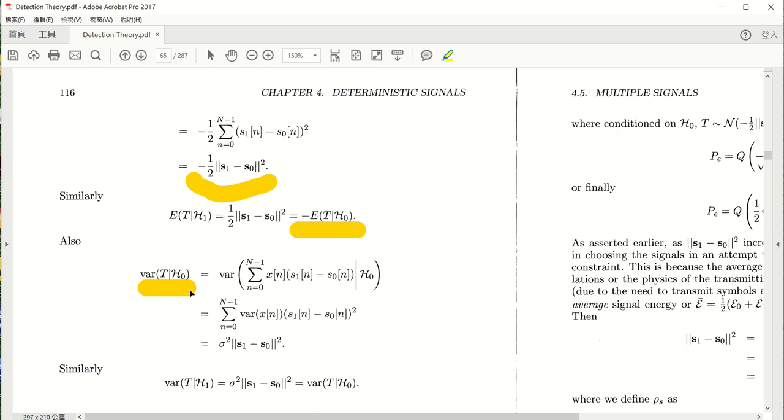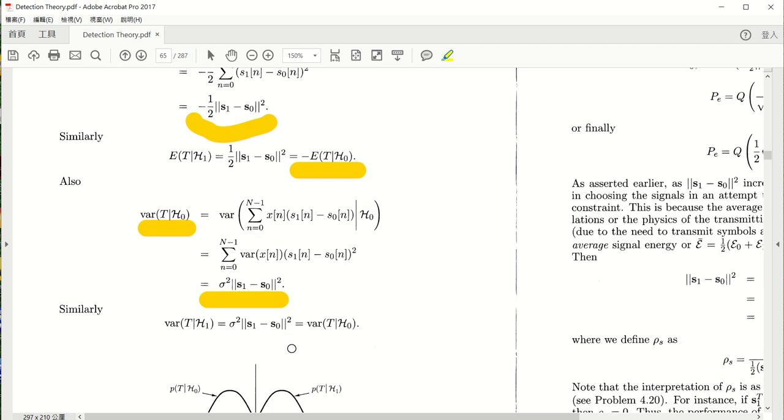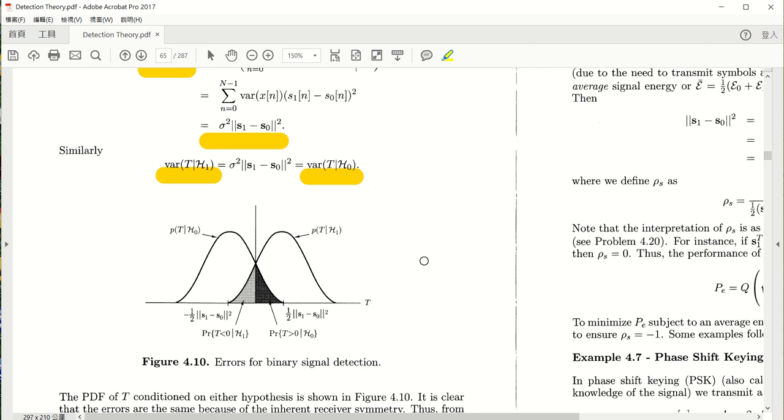Also the variance: we do the same thing, simplify, and get this, and similarly for H1. So as a result, here is what's really interesting. We have a probability density function of T conditioned on H0 and T conditioned on H1.